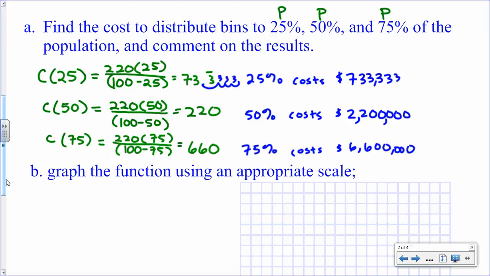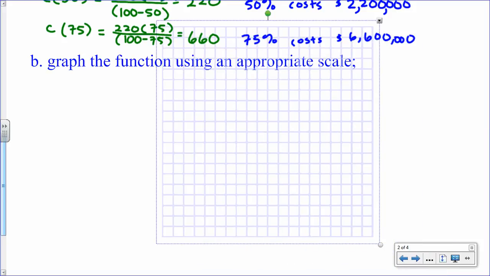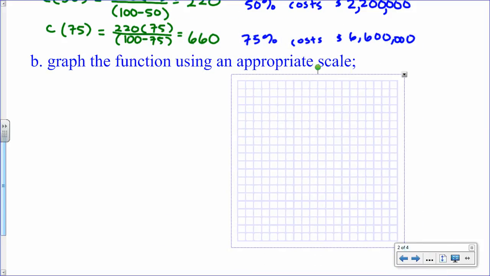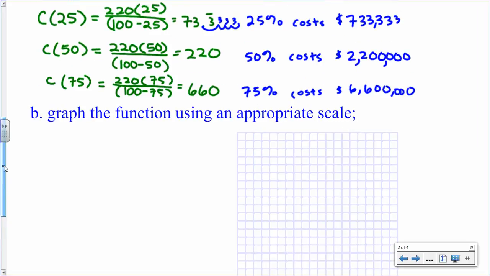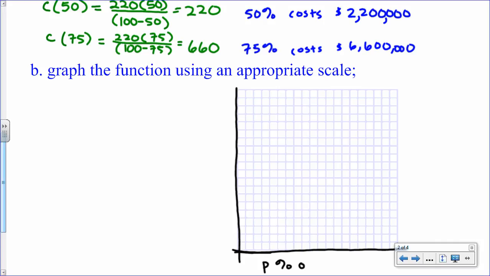Okay, so when I go to graph this, I'm just going to graph the first quadrant because I'm not going to have a negative percent, and I'm not going to have a negative cost. So I'm just going to use the first quadrant. My x is P, so P percent of the population.